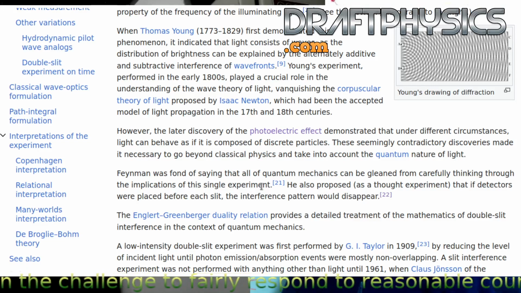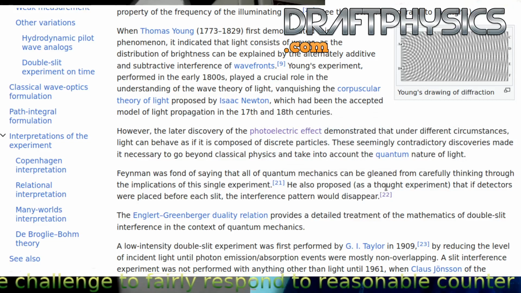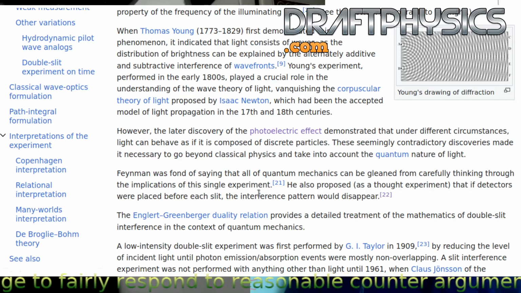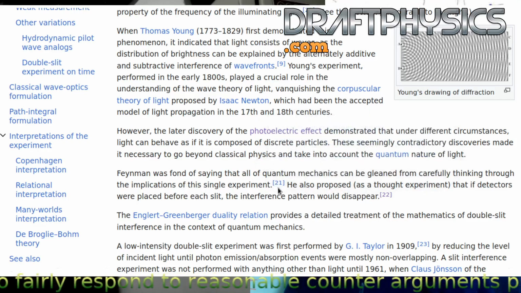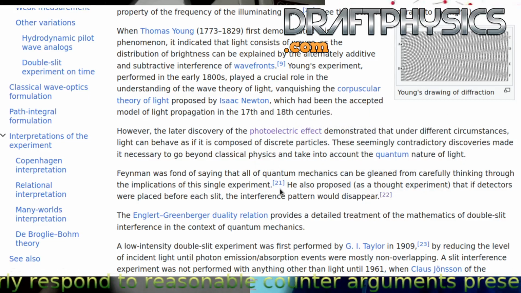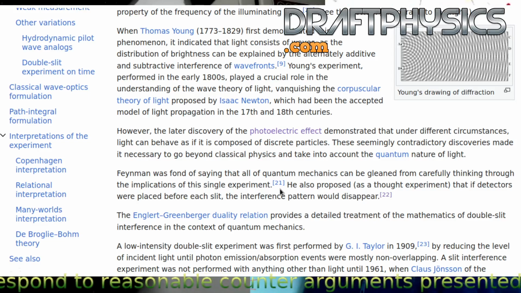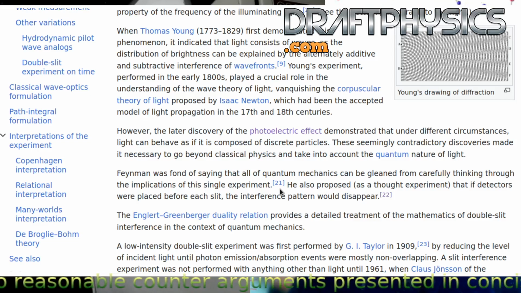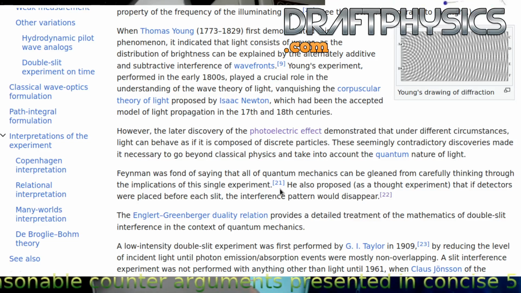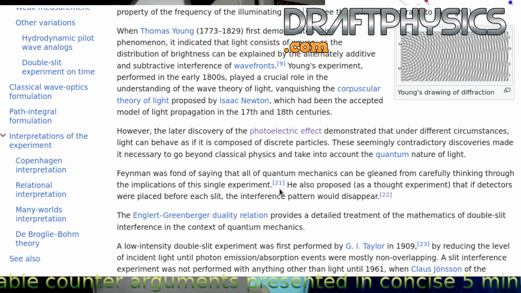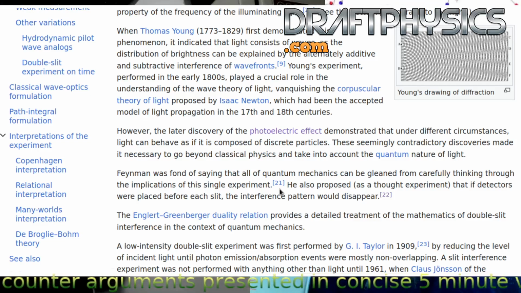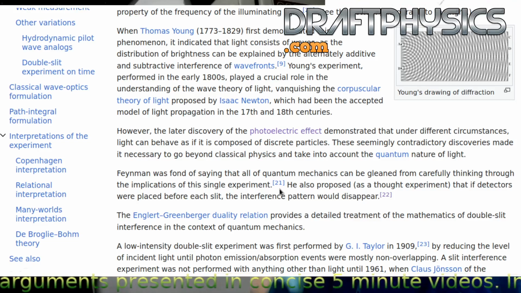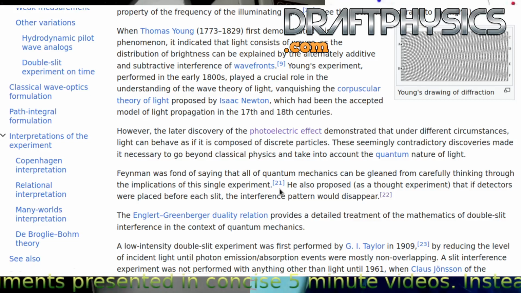Was fond of saying that all of quantum mechanics can be gleaned from carefully thinking through the implications of this single experiment. So by implications, he means all of the WUI implications. Because they got the answer wrong, because they chose badly in terms of determining what the phenomenon is being created by, either the surfaces disturbing photons or some sort of random god that decides that photons automatically get bent because they went through an opening, which is just absolute nonsense.